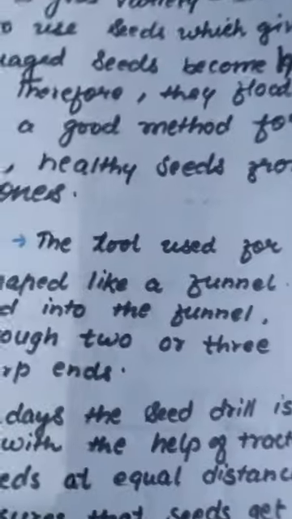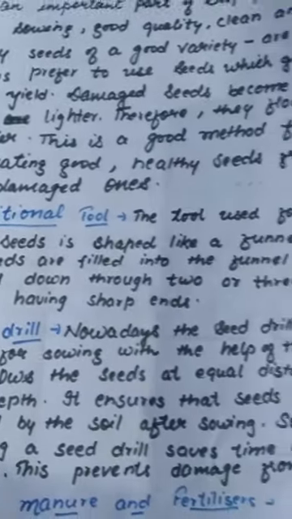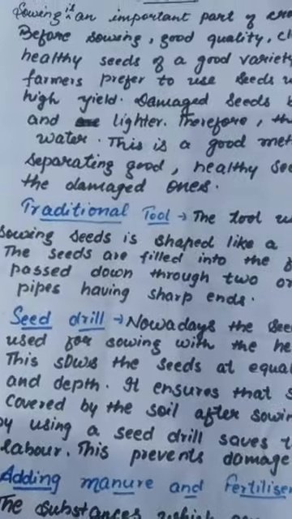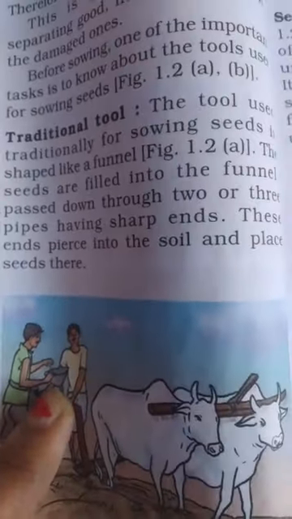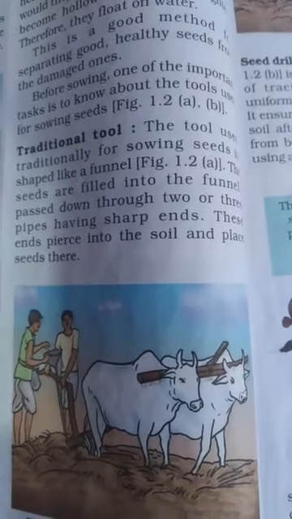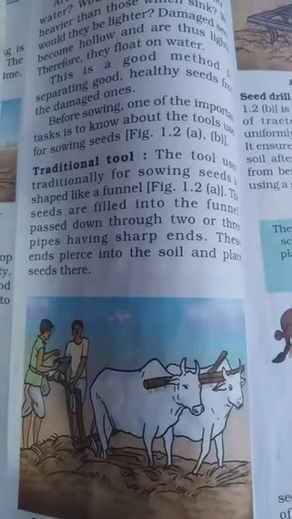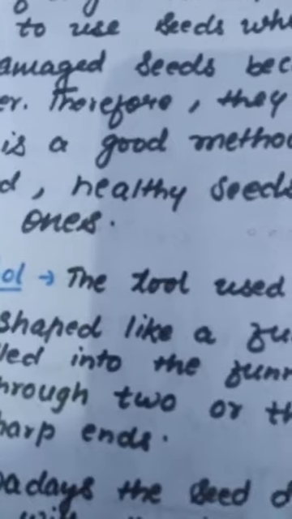The tool used for sowing seeds is shaped like a funnel. The seeds are filled into the funnel and passed on through 2 and 3 pipes, which have sharp ends that pierce into the soil, and then the seeds are placed there.